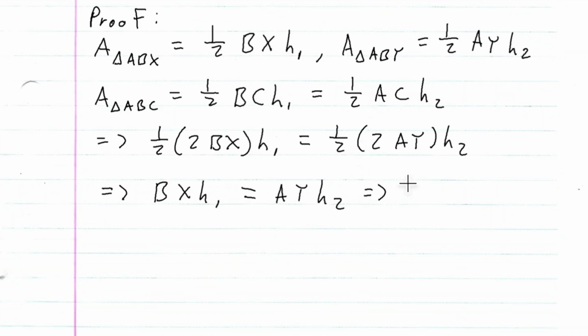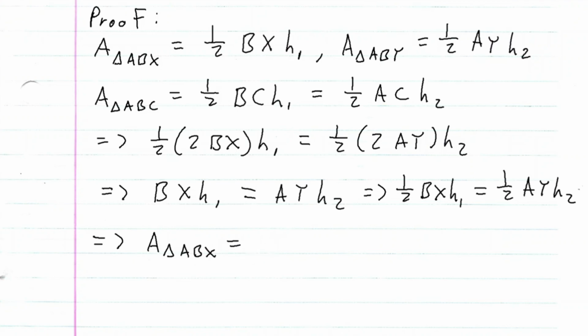So this implies that 1/2 BX H1 is equal to 1/2 AY H2, and then this implies that the area of triangle ABX is equal to the area of triangle ABY.